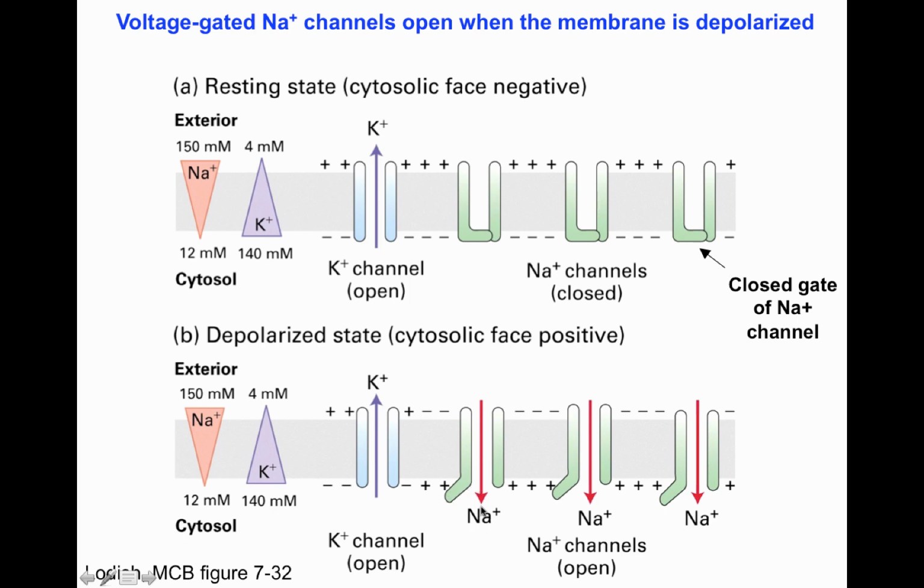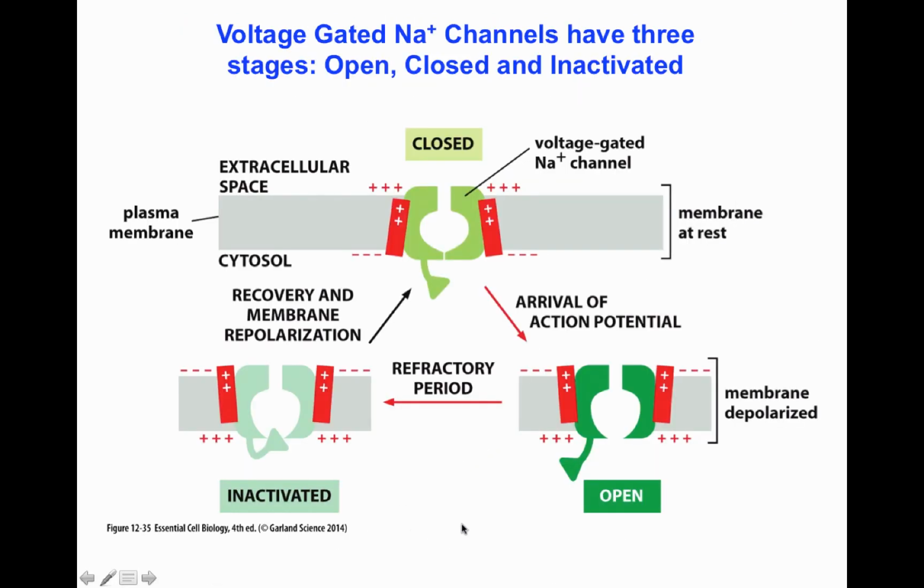Once the channel opens, you're going to have an influx of sodium ions, and that influx is going to change the local environment in the cytoplasm around that channel, making the inner part of the membrane more positive and the outer part of the membrane more negative. That is when you begin the depolarization state, which eventually will lead to a change in voltage within the cell called the action potential.